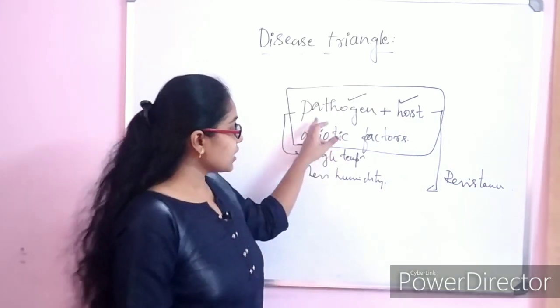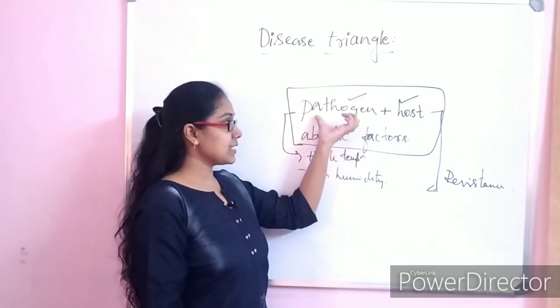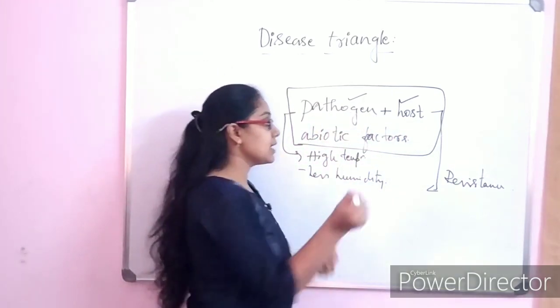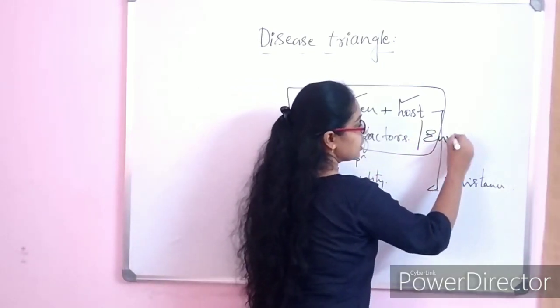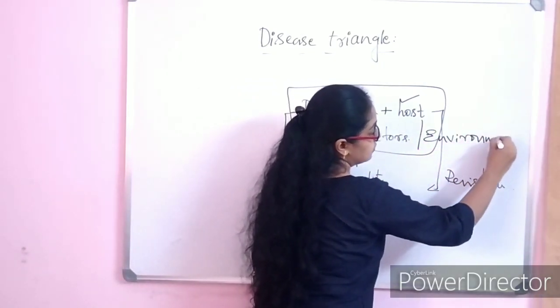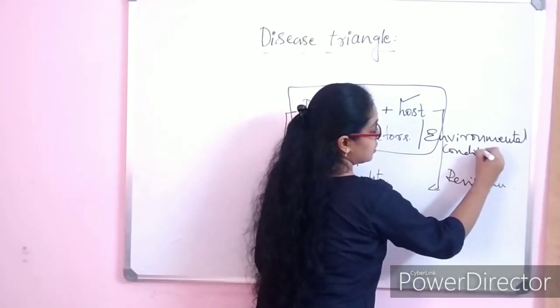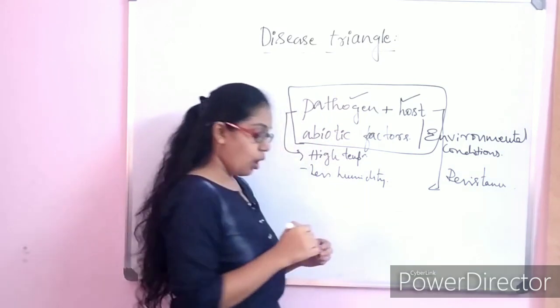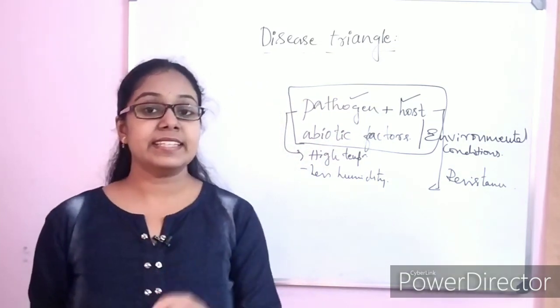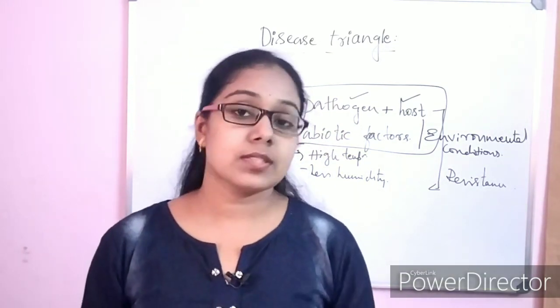Right, and the interaction of these three components, that is pathogen, host and environmental conditions, is required to see the disease condition in the host plants.